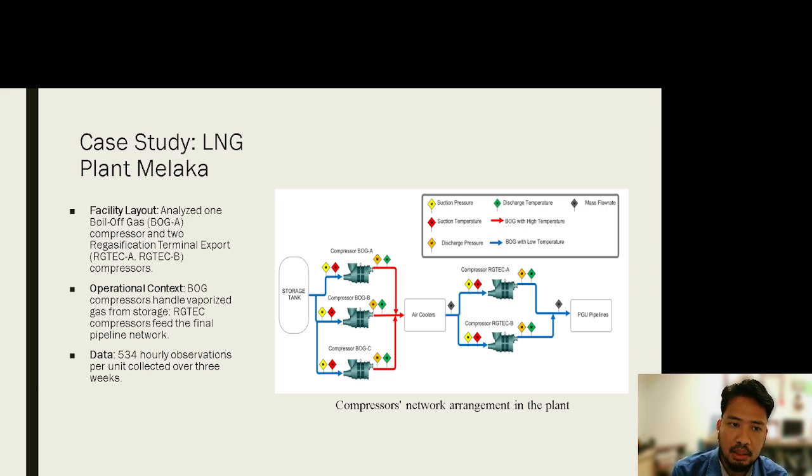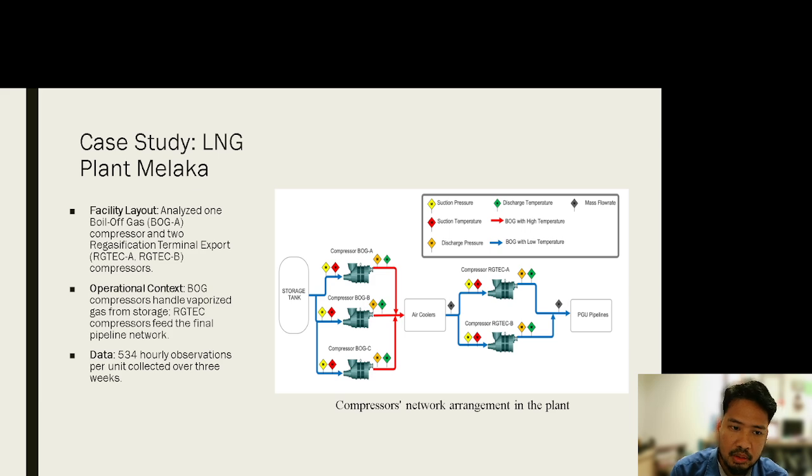Compressors that are connected to the gas storage are the boil off gas compressors, which here we highlight as BOG-A, BOG-B and BOG-C, and the RGTech compressors, which handle the feed towards the final pipeline networks, are denoted by RGTech A and RGTech B.